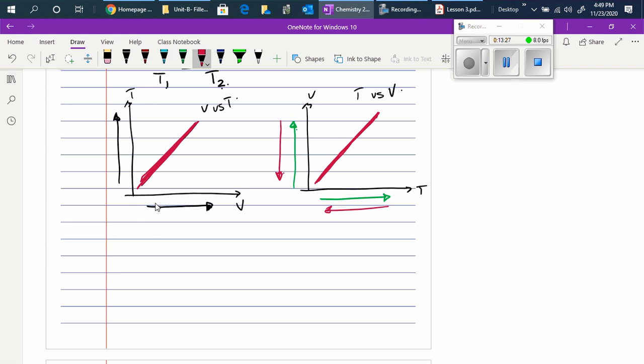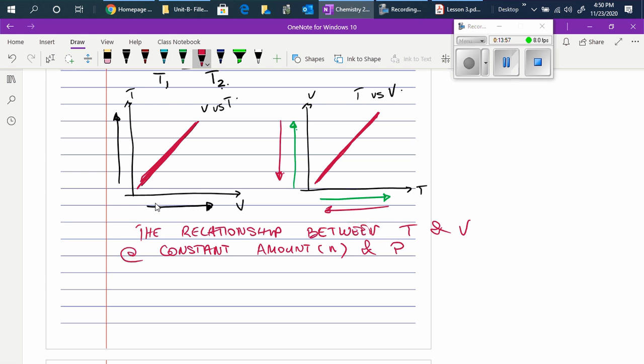So the relationship between temperature and volume at constant amount, which in the formula is translated as the number of moles, and pressure is proportional.